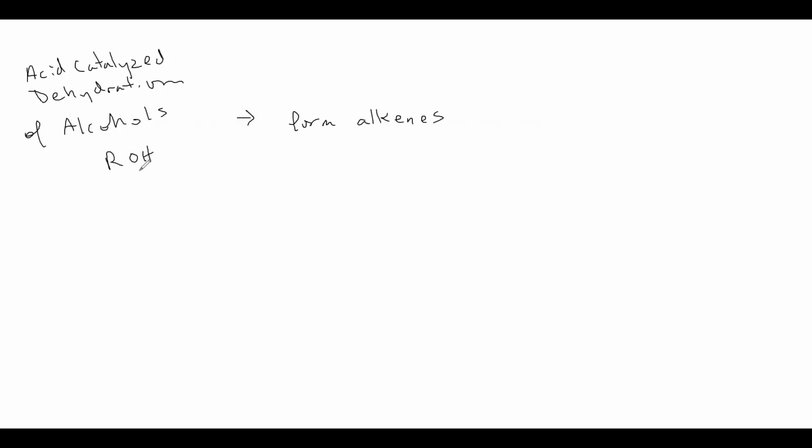And we've seen before that alcohols with that hydroxyl group, right, that hydroxyl group is not a good leaving group. And so what we're going to do is protonate to make this a better leaving group.